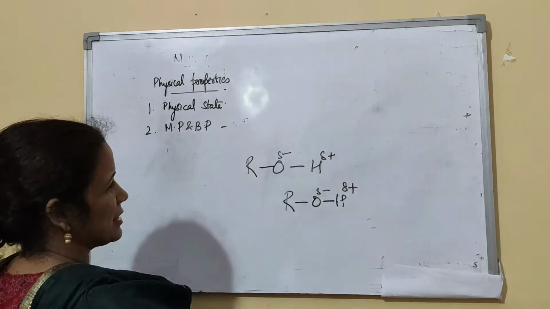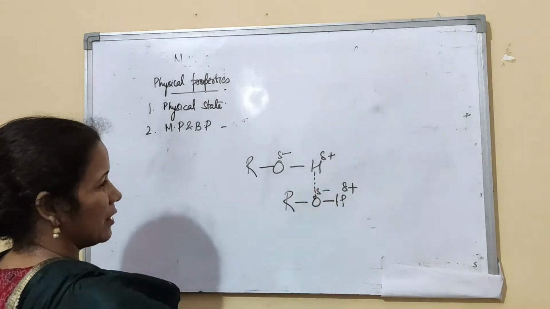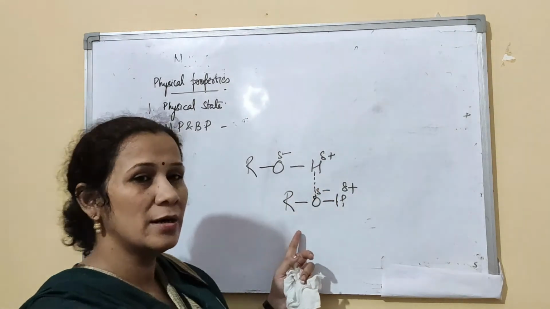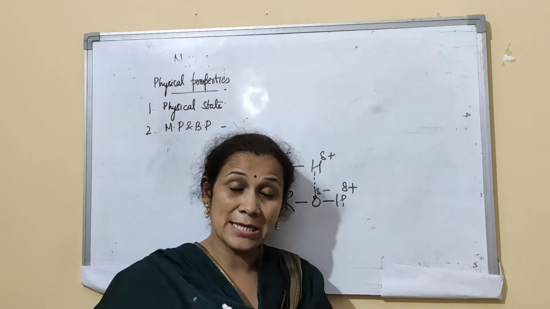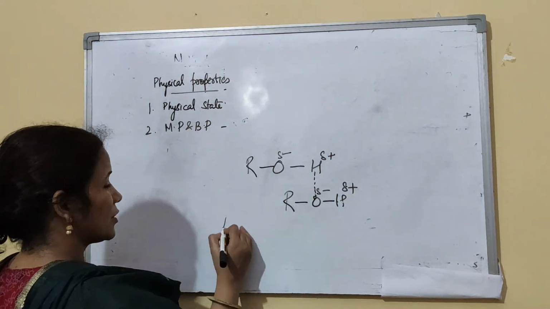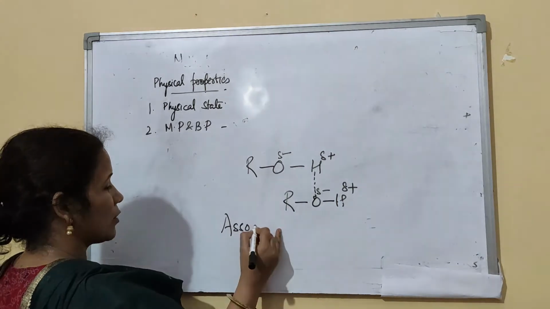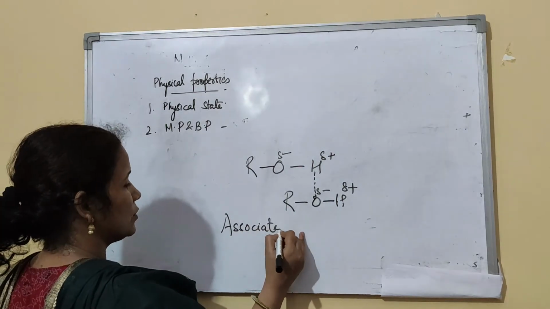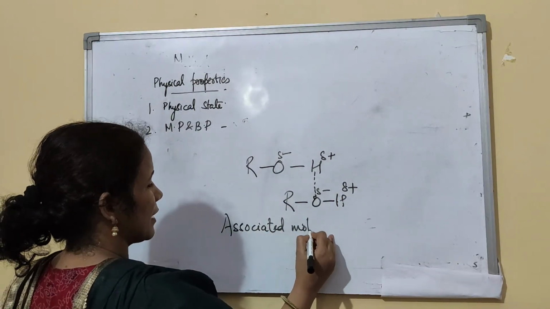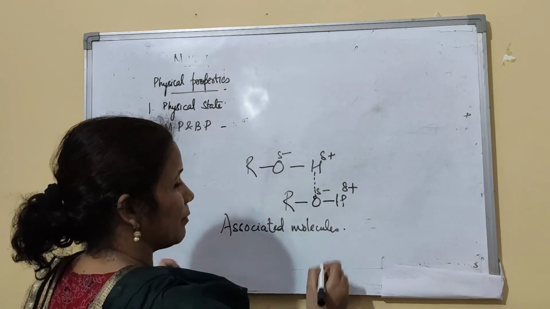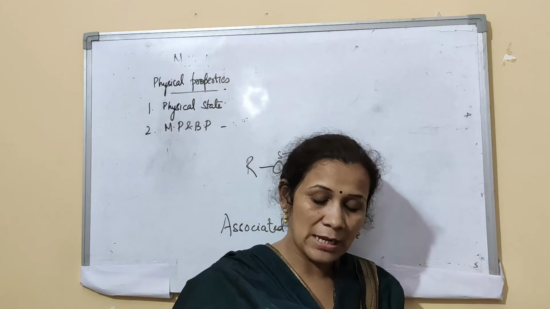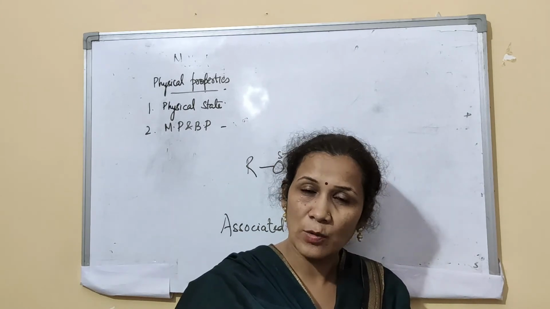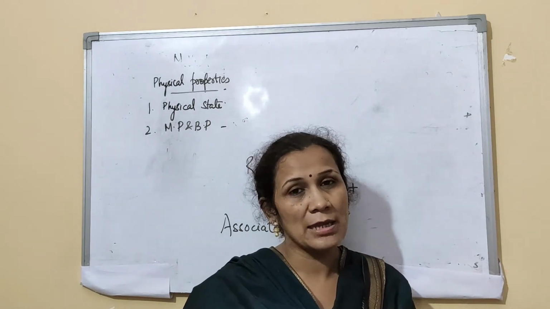So this hydrogen will be hydrogen bonded. So all the alcohol molecules are associated molecules because of the hydrogen bonding. And that is why the boiling point is higher than any hydrocarbon, any ether, any haloalkane or any haloarene.